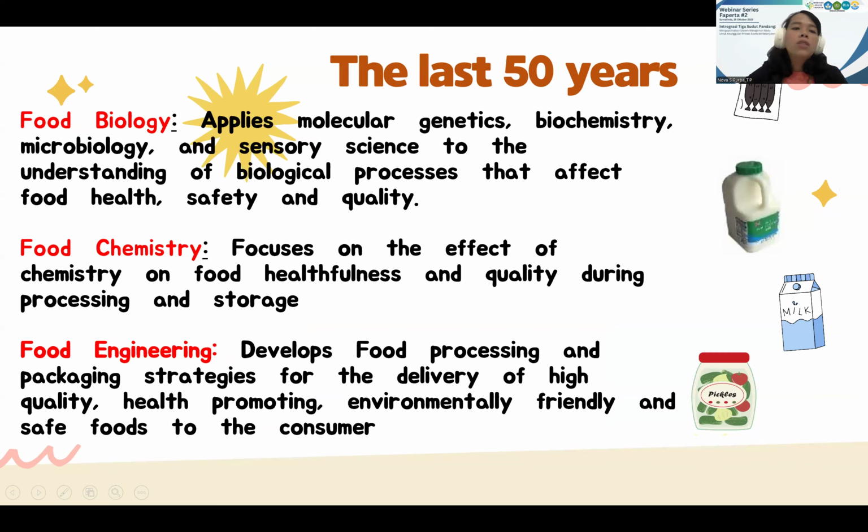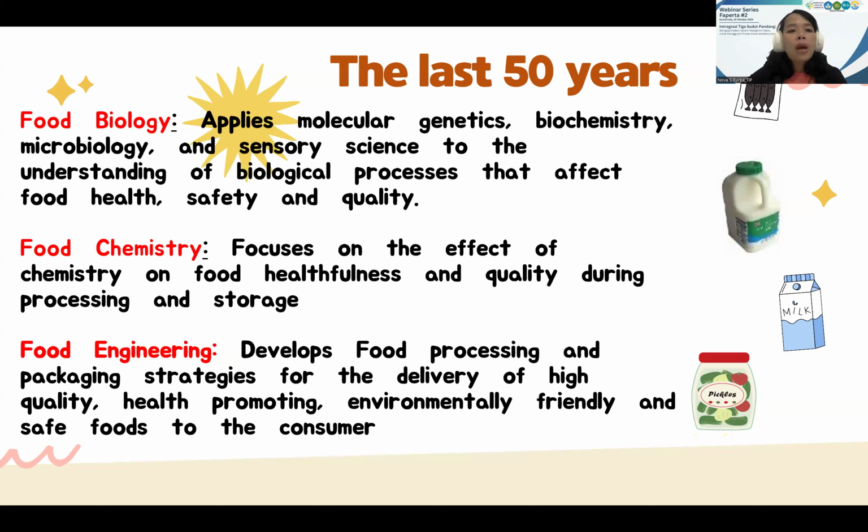Food biology. What is food biology anyway? It applies molecular genetics, biochemistry, microbiology, sensory science to the understanding of biological processes that affect food health, safety, and also quality. So food processing also thinks about food biology.